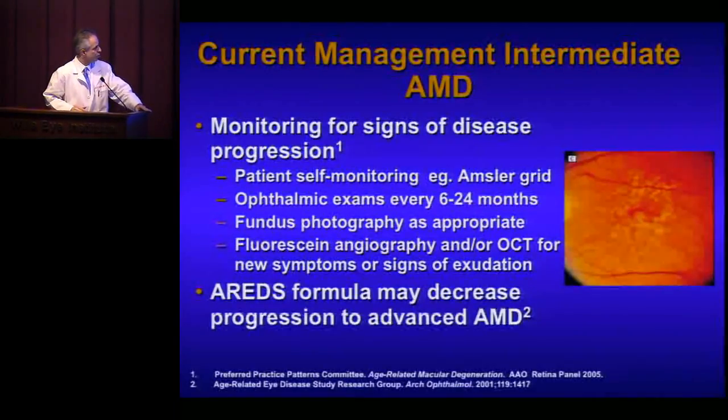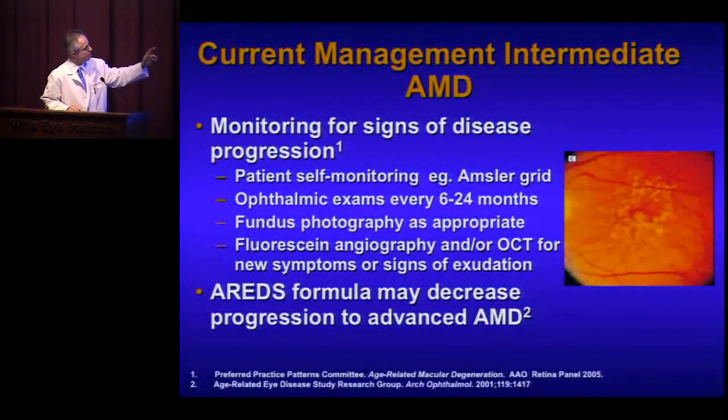And if they smoke, of course, you may have heard by now that vitamin beta-carotene supplementation in the setting of a smoker could increase the risk of lung cancer. So if the patient is a smoker, they are to use a modified AREDS formula without the beta-carotene. And most people substitute lutein, although we don't have proof that lutein has a benefit in this setting yet.